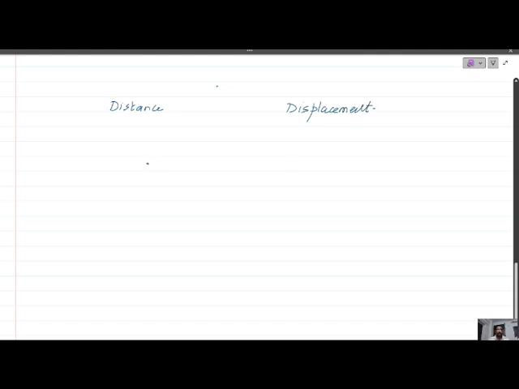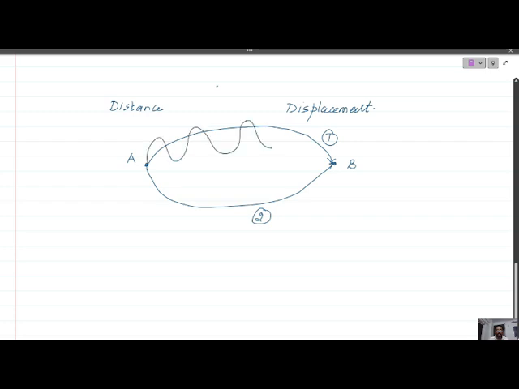Let us say we have 2 points, A and B. Now I ask you to go from point A to point B. Well, you can go like this. You can go like this. You can go like this.